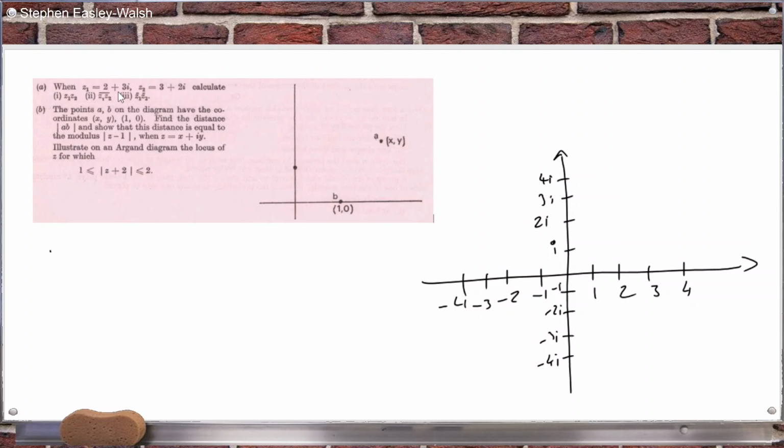Okay, so we'll just change this into 1 less than or equal to the modulus of z minus, or sorry, plus 2 plus 0i, less than or equal to 2. So this is the distance between z and the point minus 2, which is here.